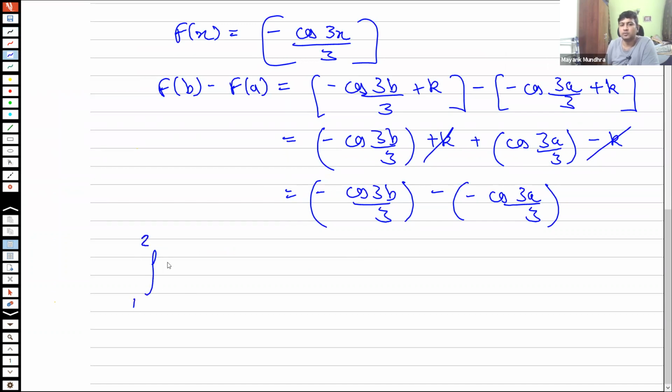All right, so suppose I have integration 1 to 2 x squared dx minus integration 2 to 1 x squared dx. So what will this value be? Without calculating, without doing integrations, can you tell me this value?